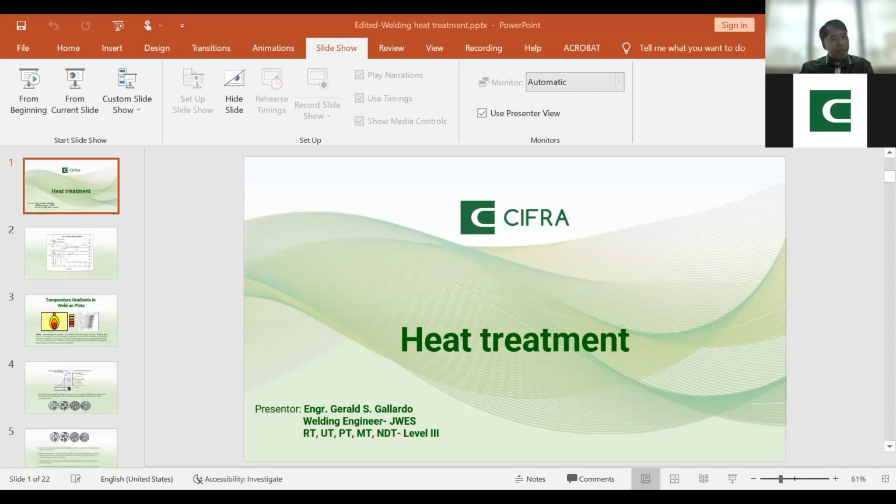Habang lumampas na ng 2.1%, these are cast iron, nagiging combination siya ng cementite, nawawala na yung pearlite formation niya, naging cementite na siya. And nadadagdagan pa siya ng ledeburite. So these are the transformations of your bakal, no?